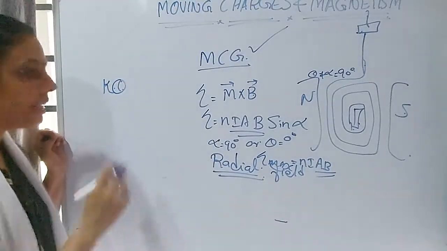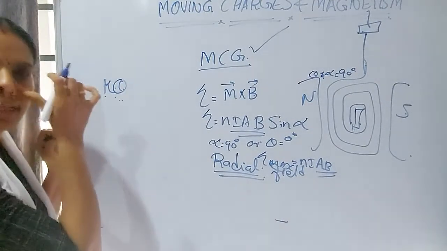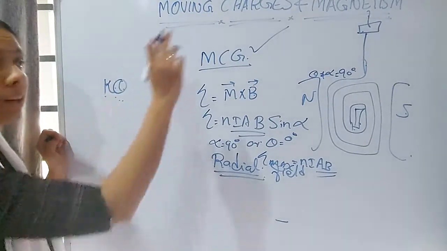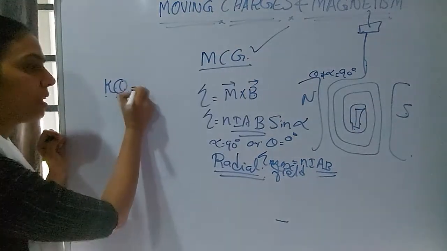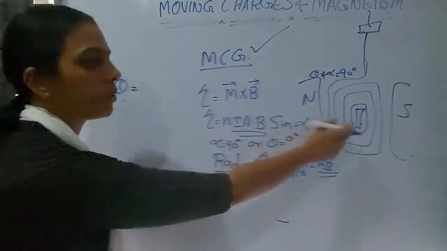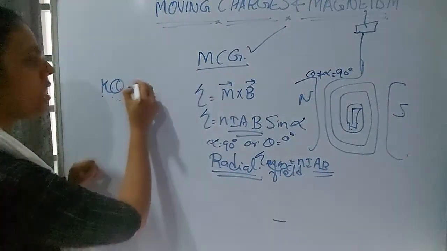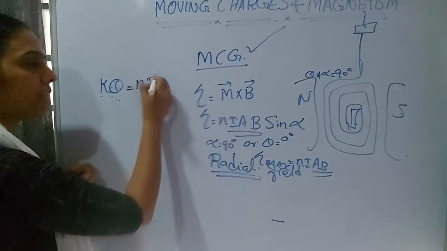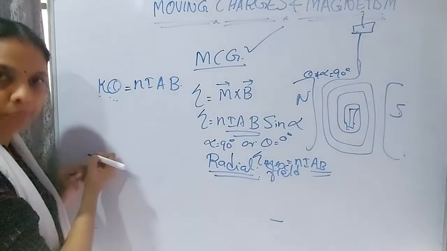The total torque acting on the phosphor bronze strip, K theta, will be equal to the torque produced in the rectangular coil. Since it is in the radial field, we know K theta equals NIAB.